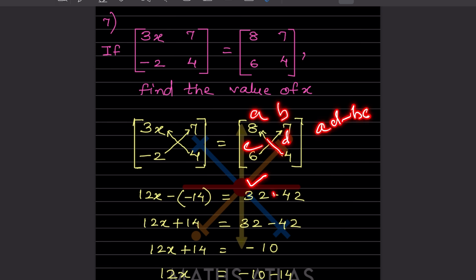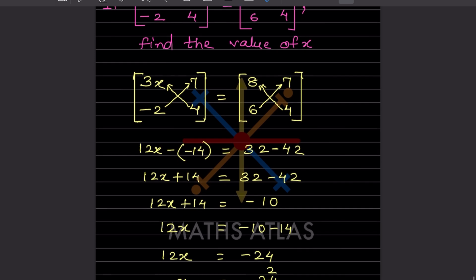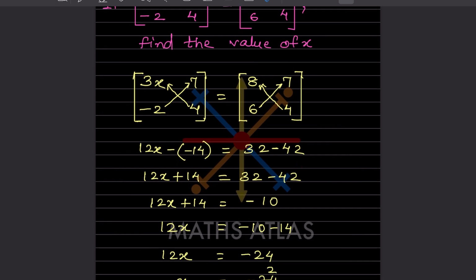So again minus is there, so this will be 32 minus 42. Now plus minus minus becomes plus. Here this will stay as it is. I wrote the same, minus 42 plus 32. You are going to subtract it. The bigger number's sign is negative, so negative 10.